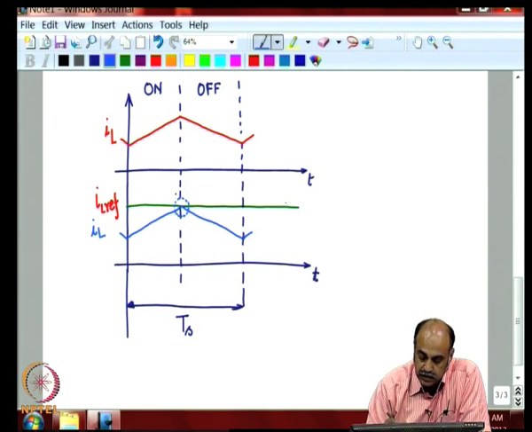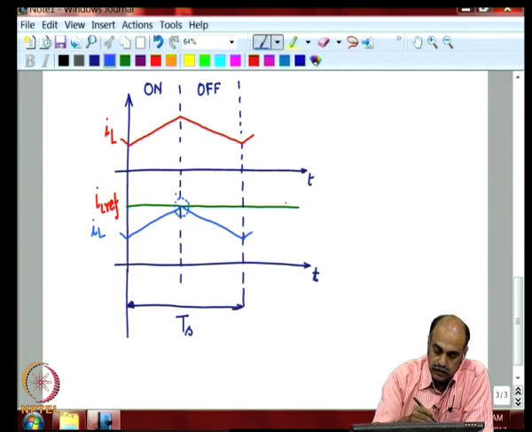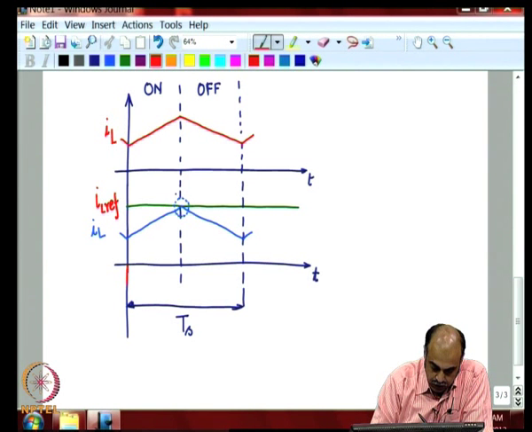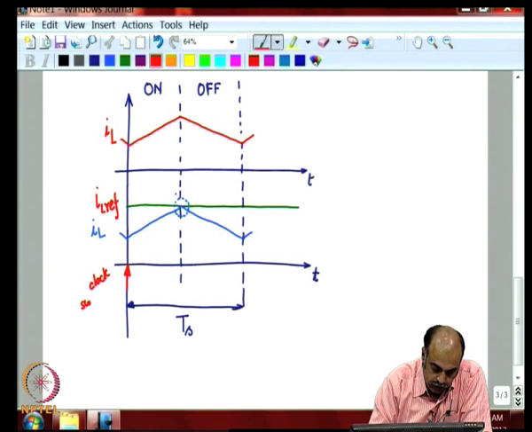So, at every cycle, if you see, at this point the rising edge of the clock switches the transistor Q on.